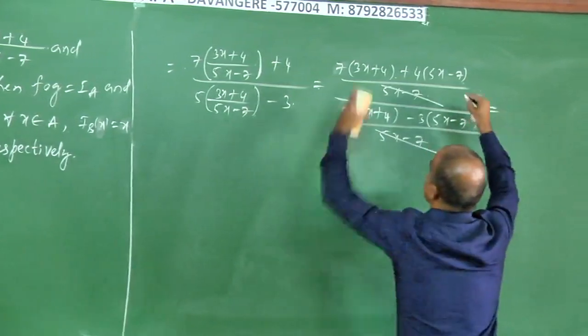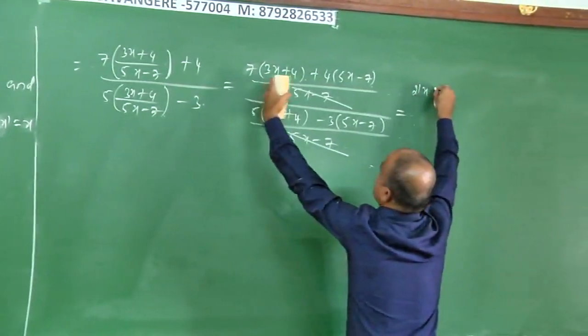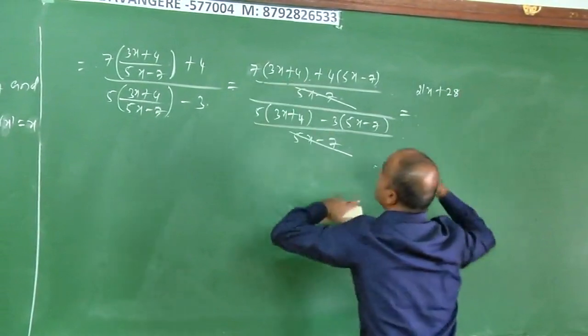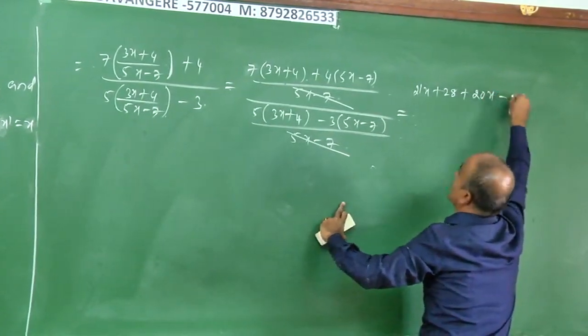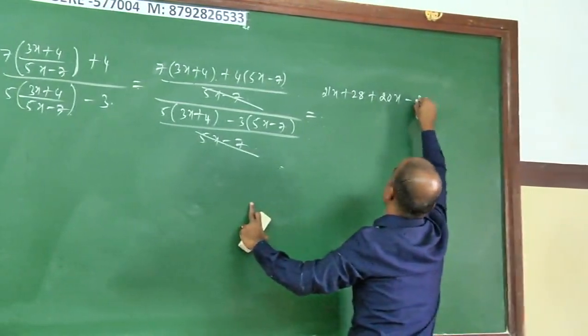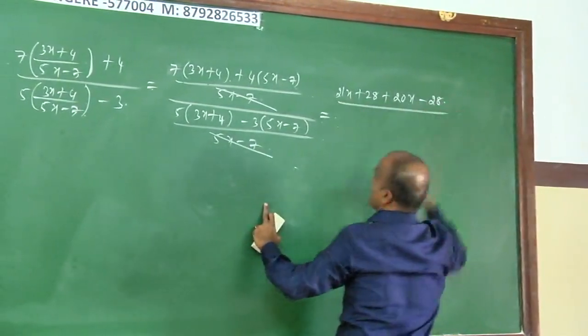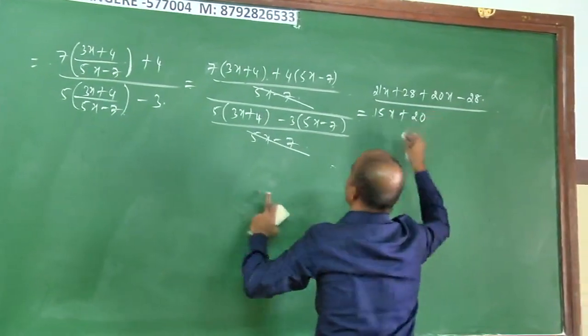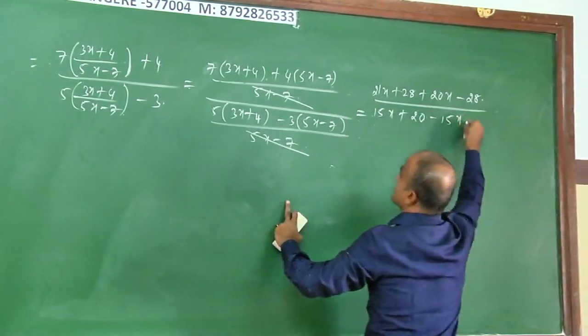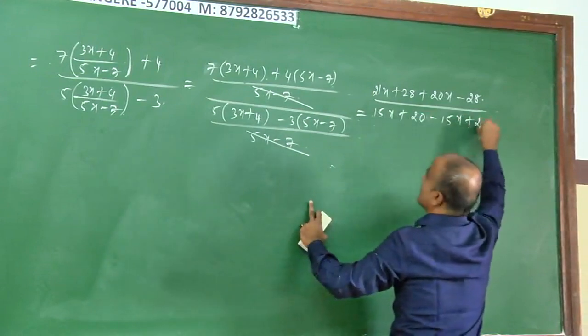Then 7 threes are 21x plus 28 plus 20x minus 28, all divided by 15x plus 20 minus 15x plus 21.